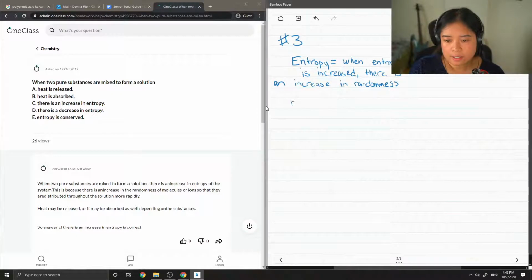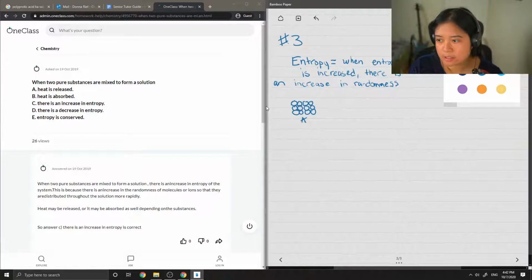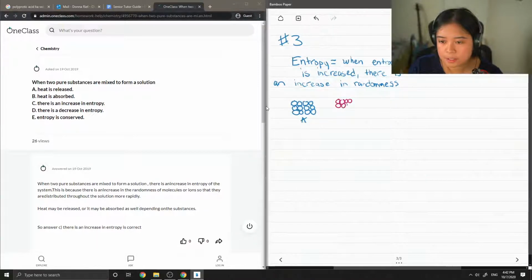So I'm just going to draw a diagram of what these pure substances might look like. So let's say we have a pure substance A, which I'll draw out here, and you have pure substance B. So I just drew out the molecules and what they may look like when they're in their pure substance. You can see that everything is ordered when they're not together.